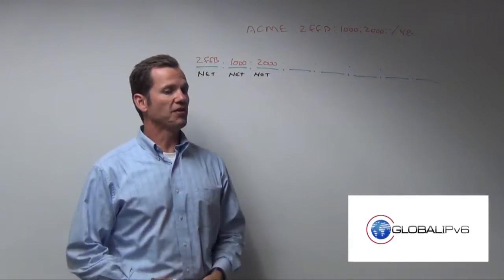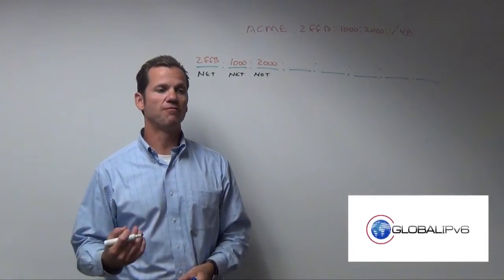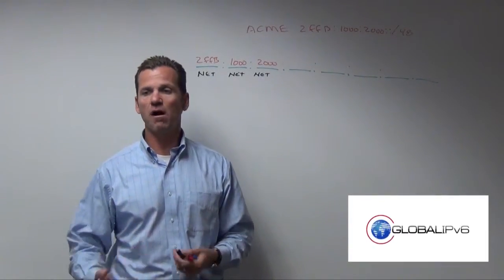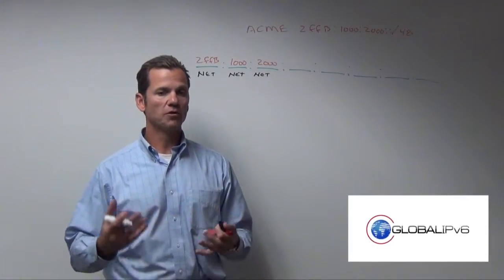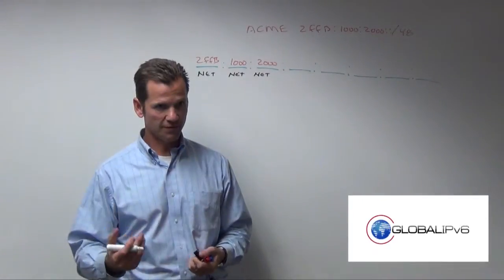Well, in an IPv6 world, we're going to reserve typically the last 64 bits, especially if you're doing what we call auto configuration. We're going to reserve the last 64 bits as the host bits.